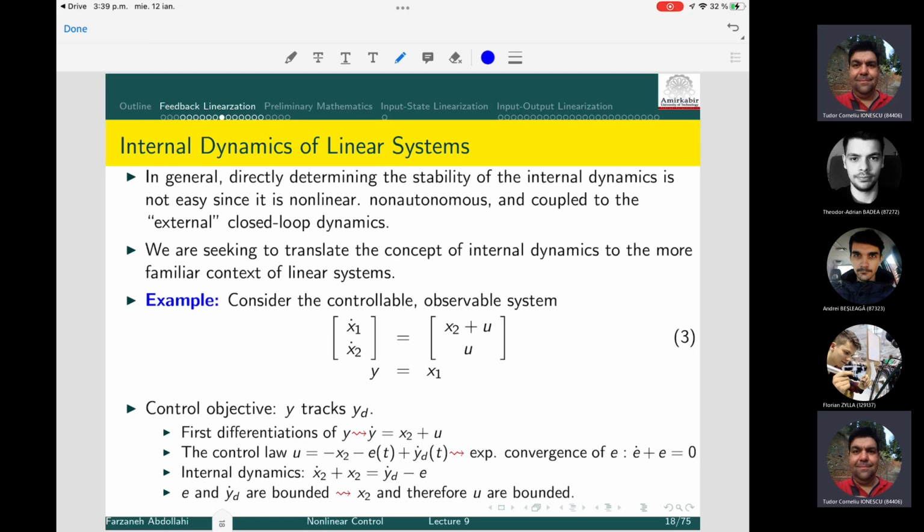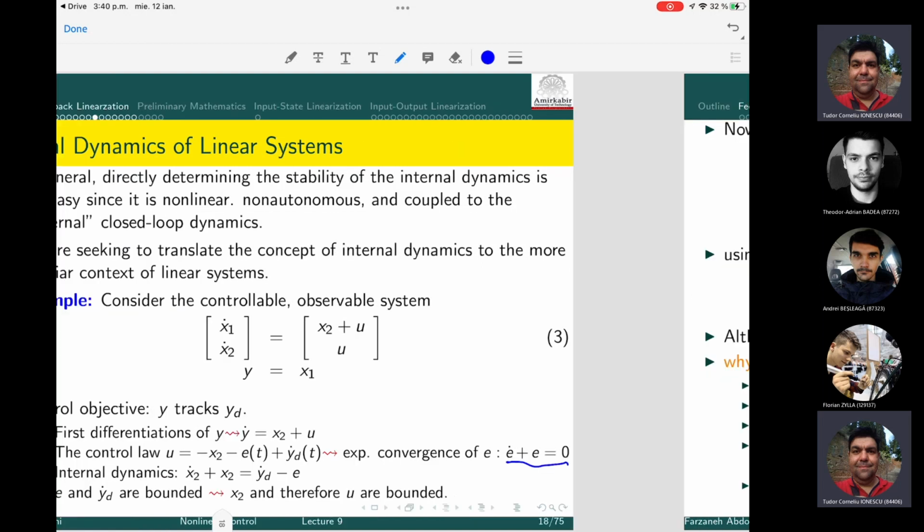So the control law is this one, and this is the simple law governing the tracking error. And then the internal dynamics is this one: yd dot minus e is x2 dot plus x2. Since e and yd dot are bounded, then x2 and u are also bounded. So things are quite nice.